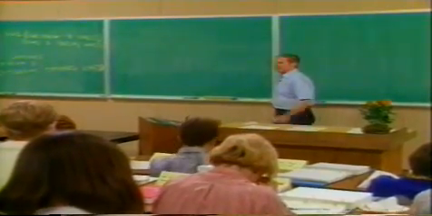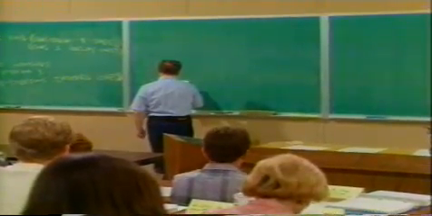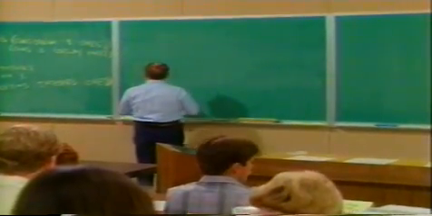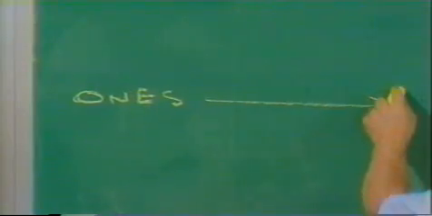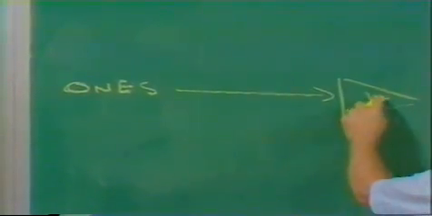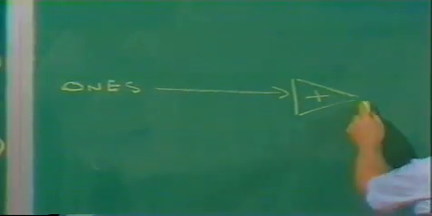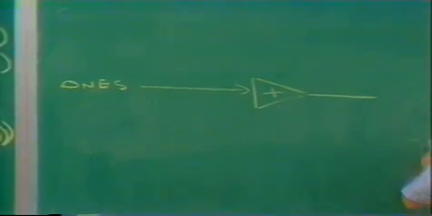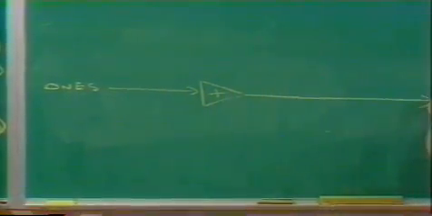Okay, let me draw a picture of that integers thing, because it still maybe seems a little bit shaky. I've got this stream of ones, and that comes in and goes into an adder. That's going to be this add-streams thing. And that goes in, that's going to put out the integers.